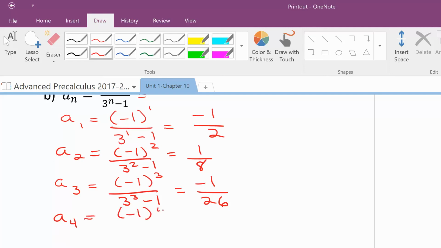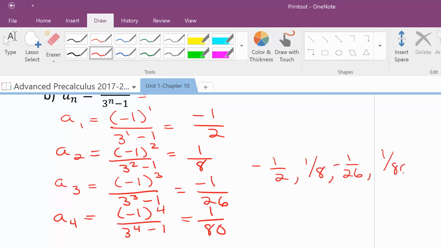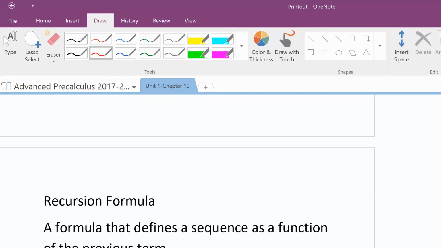And then you put 4 in for n. And you get 3 to the 4th is 81, minus 1 is 80. So your terms are negative 1/2, 1/8, negative 1/26, and 1/80. Those are your 4 terms of the sequence, the first 4.